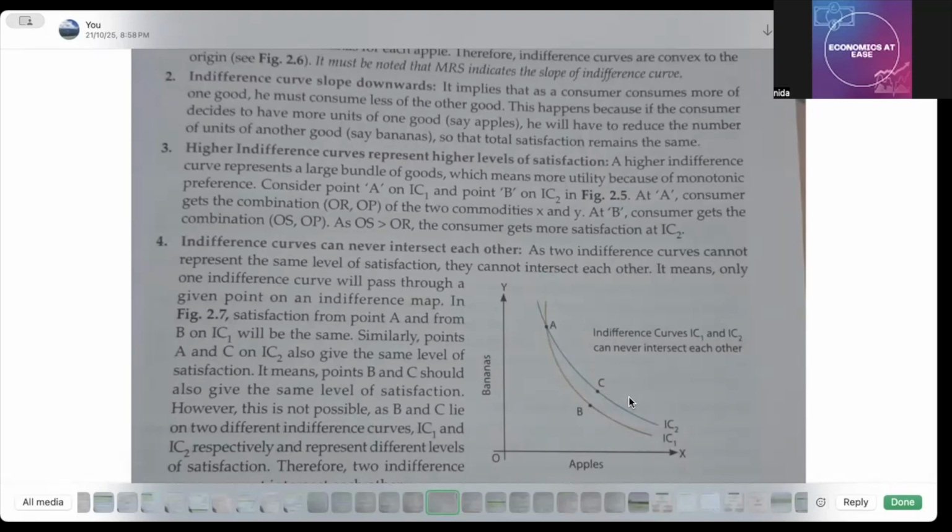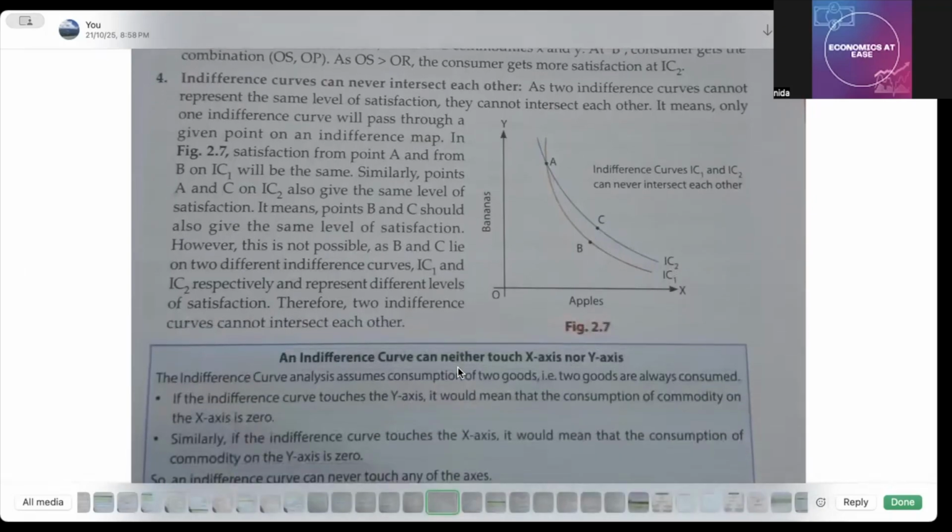Then at indifference curve IC2, यहाँ पे क्या है point A and point C. It means satisfaction आपको same मिल रहा है. But can you say here that point B and C should also give the same level of satisfaction? No, because C is giving the higher satisfaction. Okay, and B is not. At point C, IC2, the higher satisfaction is there, and IC1 at point B, it has a low satisfaction. We have already studied that. Therefore, two indifference curves cannot intersect each other.